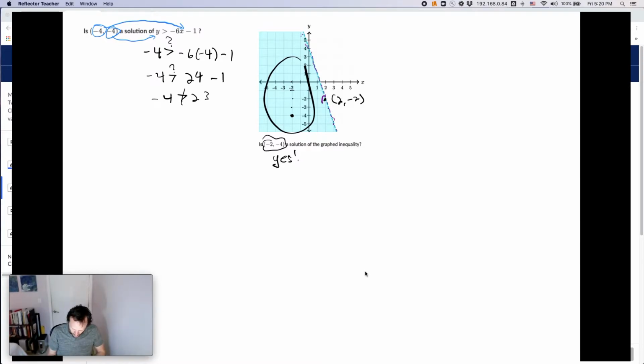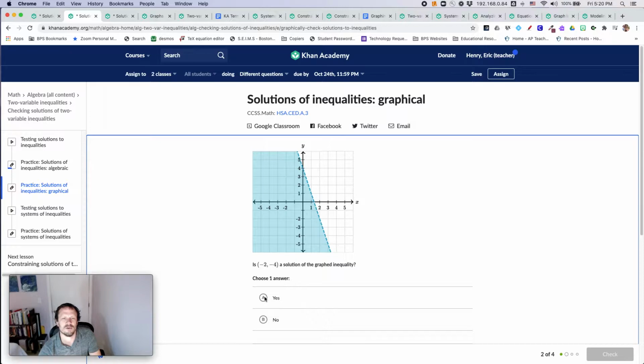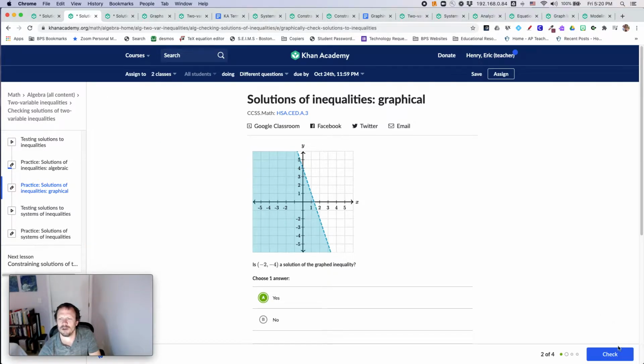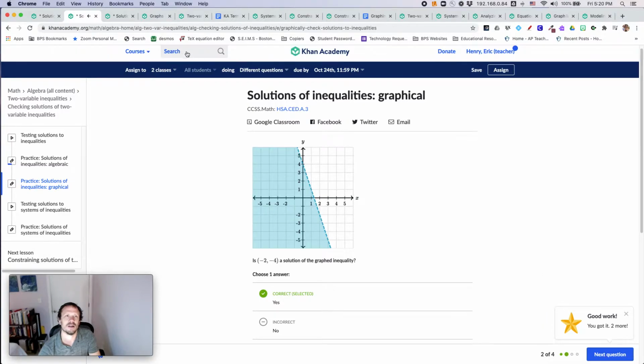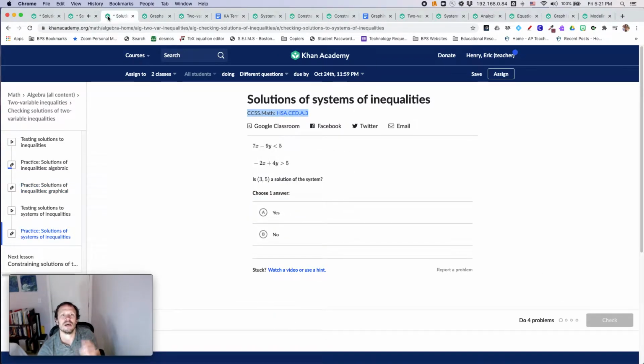If we think about what this shaded region is composed of, it's a bunch of number lines where the end points of the number line are not included, open circles. That 2, -2 is not included. No, that would not be a solution. But this is, yes, a solution. So we go back and we say, yes, -2, -4 is a solution. Doesn't ask us about the other one. They made it a little easier on us.